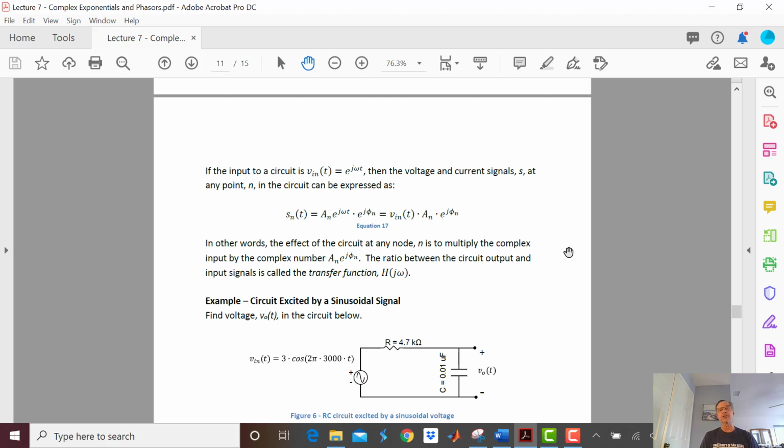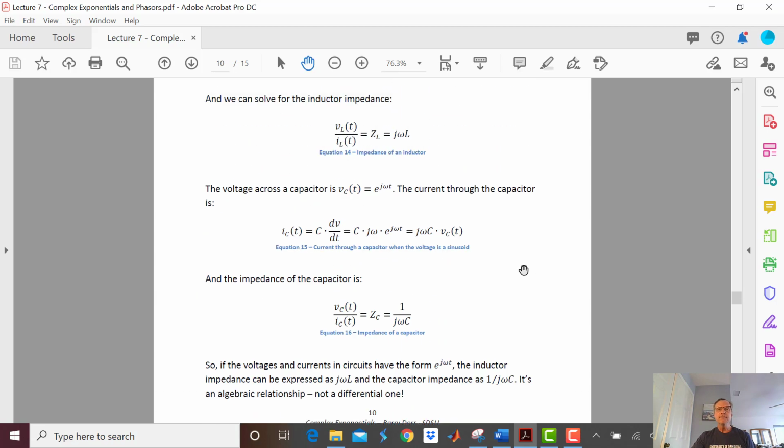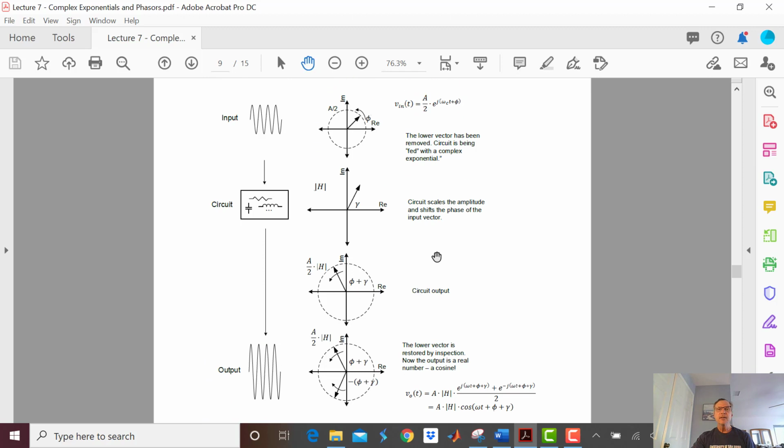H is a common term for transfer functions. And we say that the transfer function is actually a function of frequency. Why is that? Because at different frequencies, this phase and this amplitude are going to change if we change the frequency. That's why I say this is constant at a specific frequency.